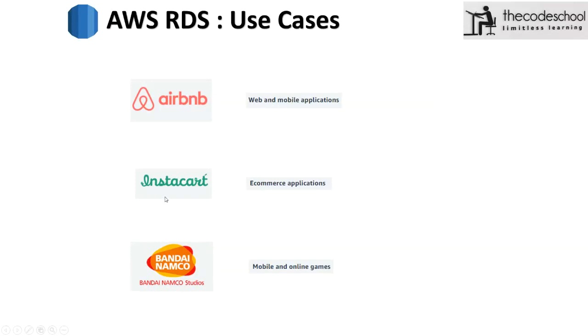So these are the main use cases of these companies using AWS RDS today. Generally all companies use relational databases, but these are the ones you can find publicly listed on Amazon, using RDS to manage relational database management systems.